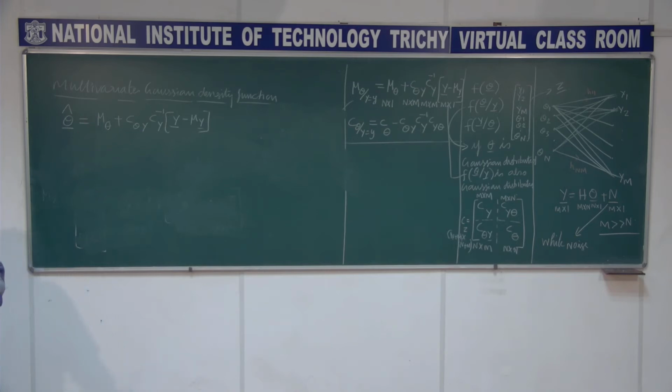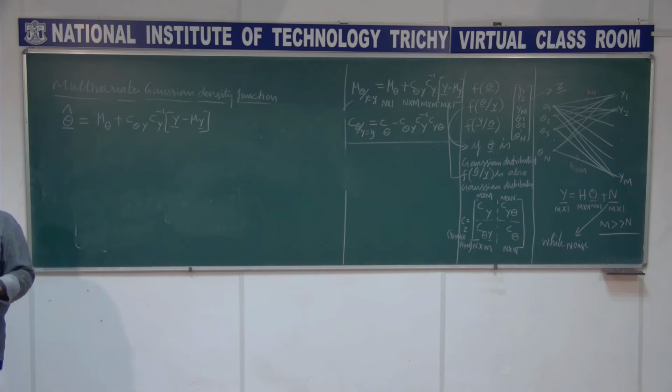For the multivariate case, if it is a random vector, we say it is white if its covariance matrix is a diagonal matrix.